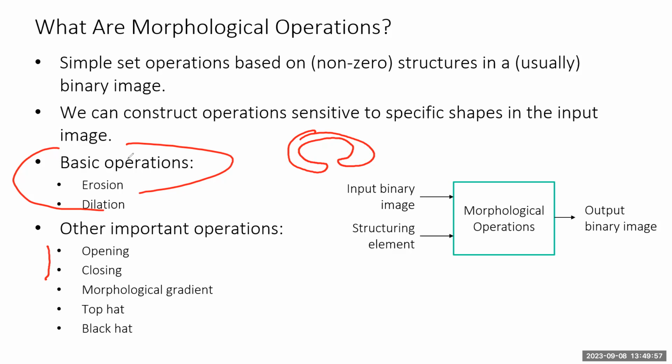If you ask the difference, note that hysteresis thresholding is applied to a grayscale image. It's a normal grayscale image that you're applying thresholding to. But morphological operations you apply to an already binarized image. So know the difference.